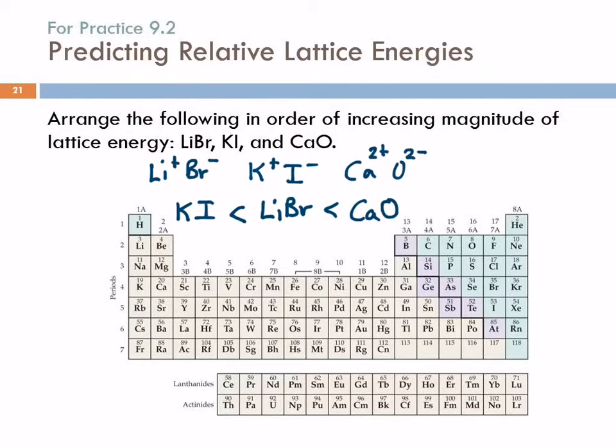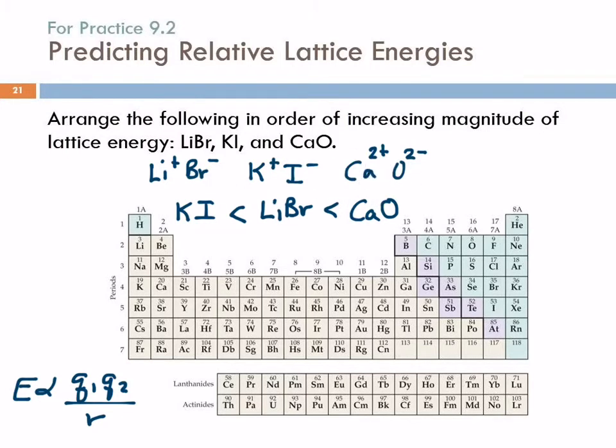We're looking for size trends and charge trends. If you think about Coulomb's law, the energy is proportional to Q1, Q2 over R. Difference in charges here, where these guys, Q1, Q2, would equal 1, and this would equal 4.